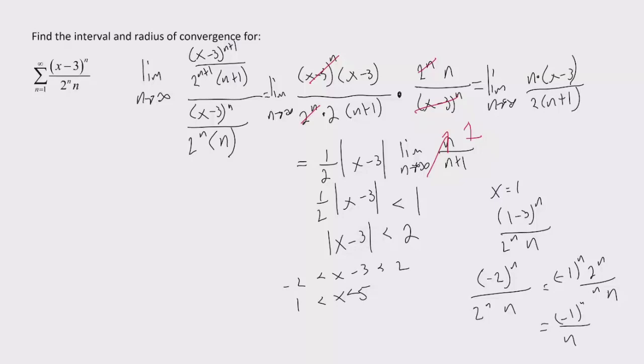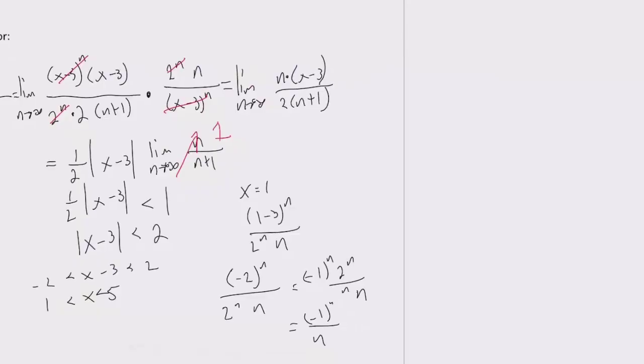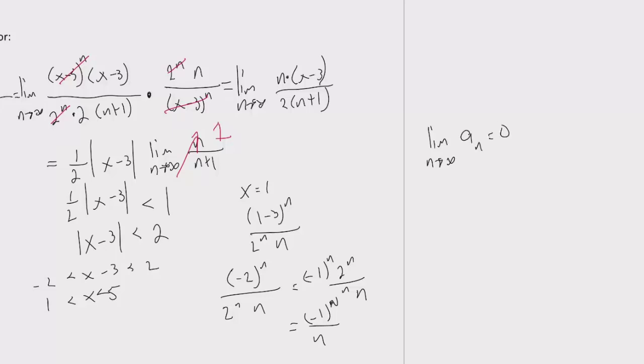Okay, so now we got to go back to our earlier definitions from, I think, Cal 2, if I have a series that looks more like an alternating series. So for an alternating series, the limit as n approaches infinity of a given term is 0.